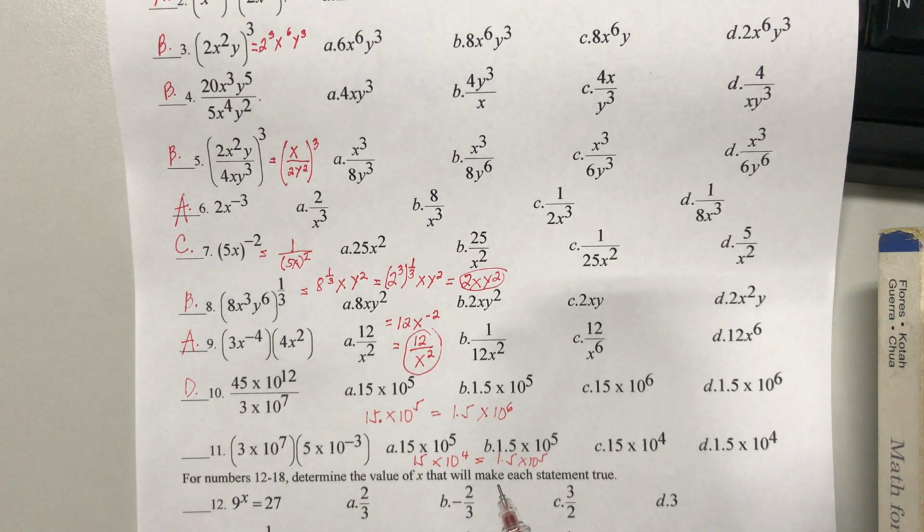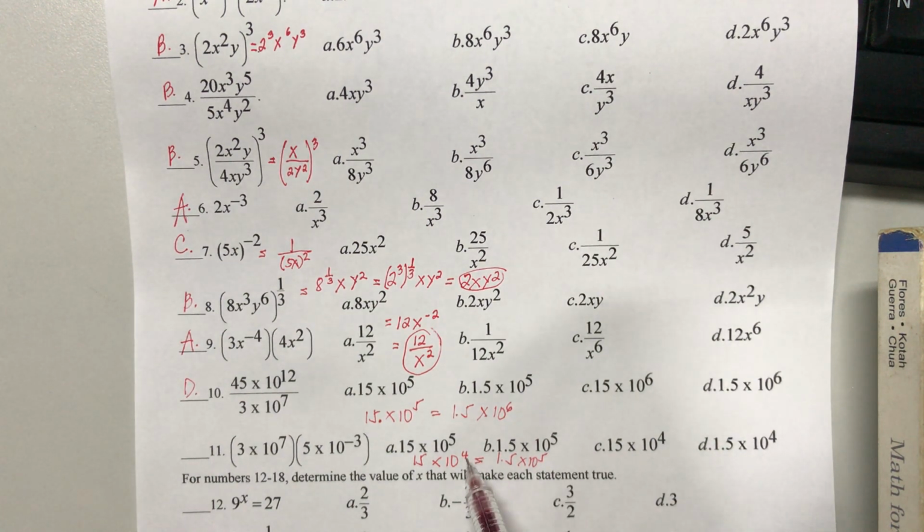As you move the decimal point from right to left, you will have to add to the exponent the number of times you have moved the decimal point from right to left. Since the exponent of 10 is 4, therefore the answer should be 1.5 times 10 to the power of 5, adding 1 to the exponent of 4.